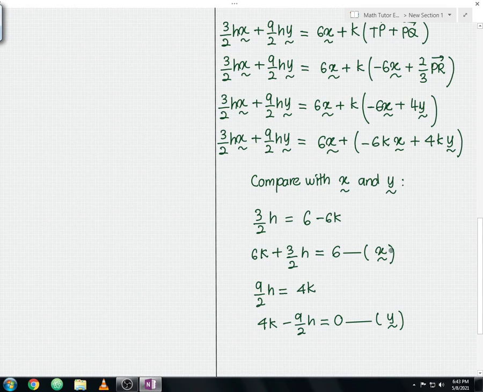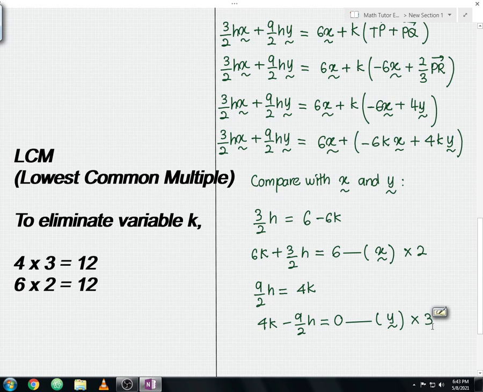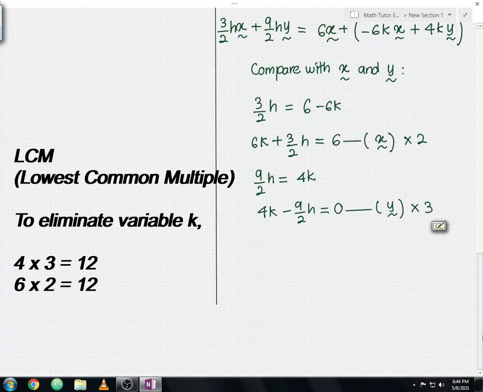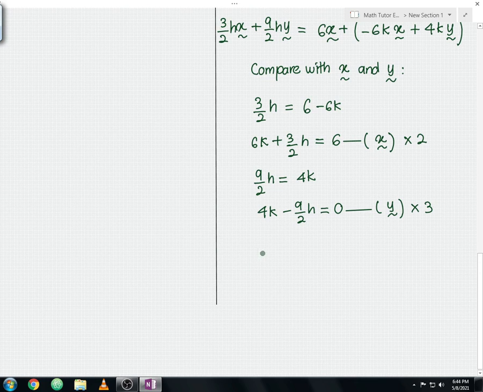So from here what I'm going to do is to eliminate the variable k. So the x component I'm going to times with 2, whereas for the y component I'm going to times with 3. So from here I'm going to write the updated equation in the working here. Let us start with the x first: 12k plus with 3h equals to 12.